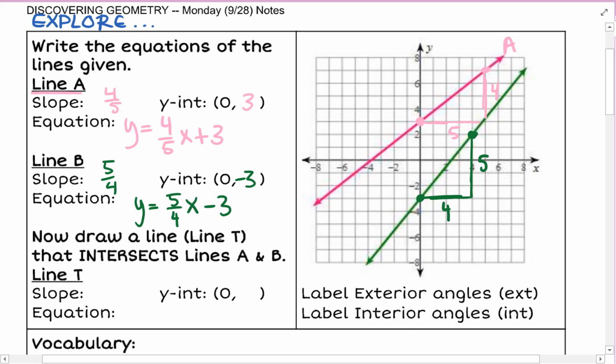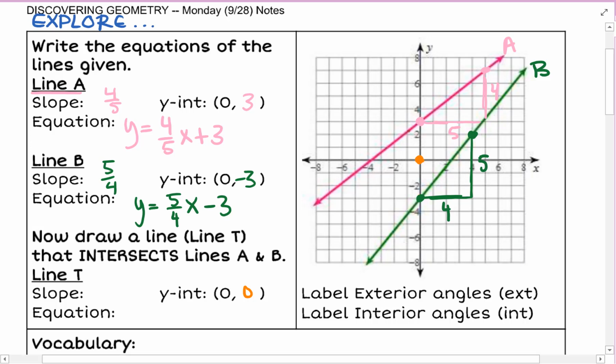Now draw a line T that intersects lines A and B. Okay, we're going to make up our own line now. So I get to pick really anything. A y-intercept, I'm going to pick 0, and a slope so that this line intersects the other two lines.